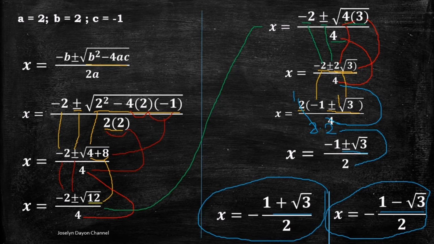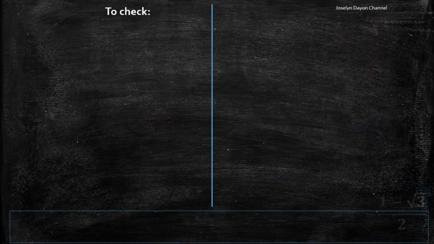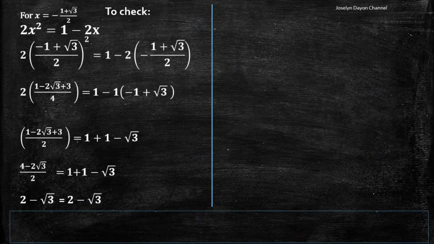Now we are going to check if the values that we obtained are really the solutions to the equation. Okay, first, x equals negative 1 plus square root of 3 all over 2. So first, we have to copy the original equation: 2x squared equals 1 minus 2x.